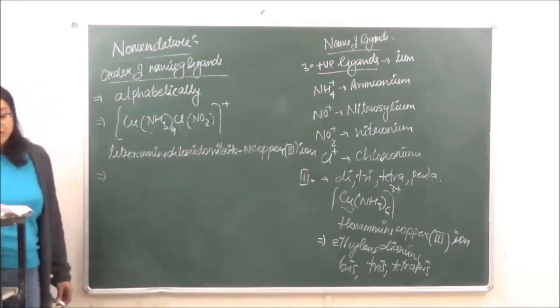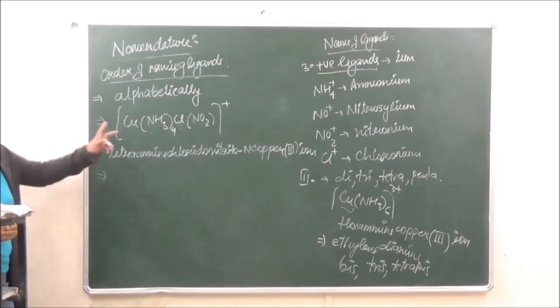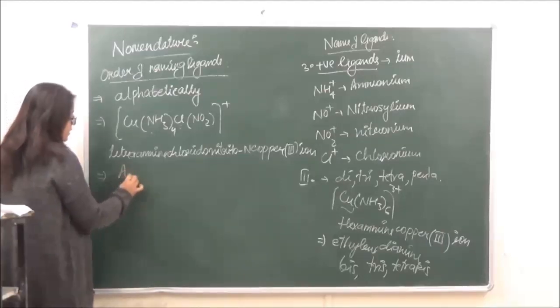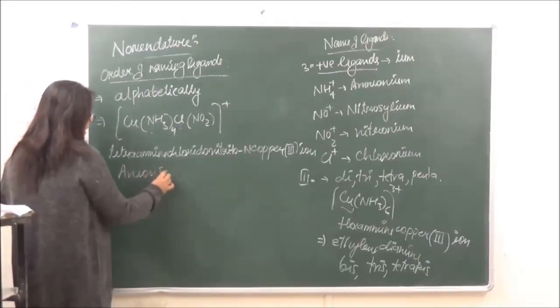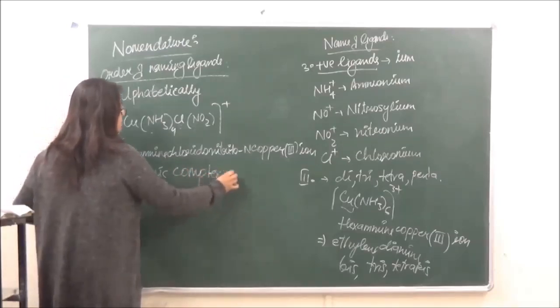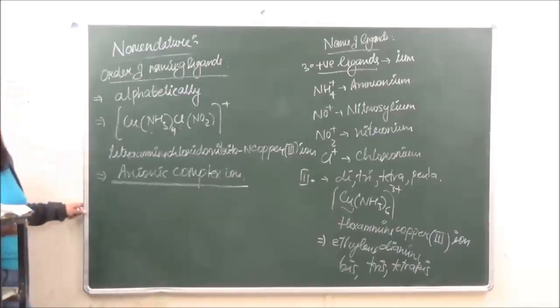Okay? Now when we have a complex ion, all this what we have done is for any complex ion. Up to now, in all the examples we have taken a cationic complex ion.